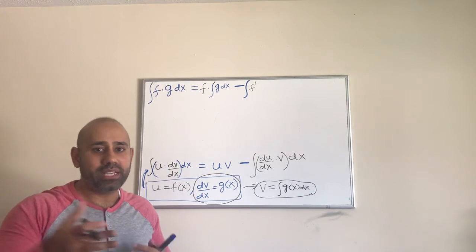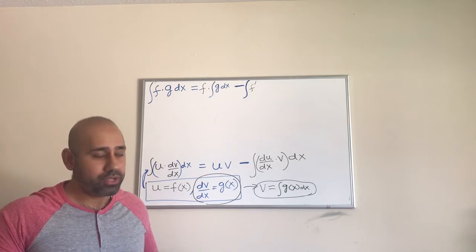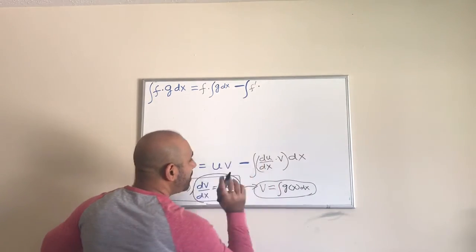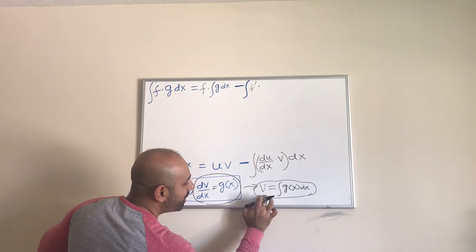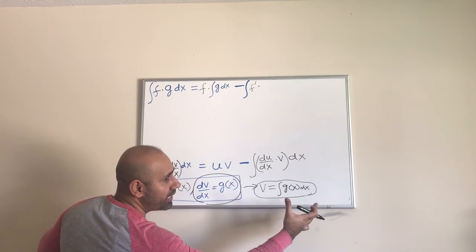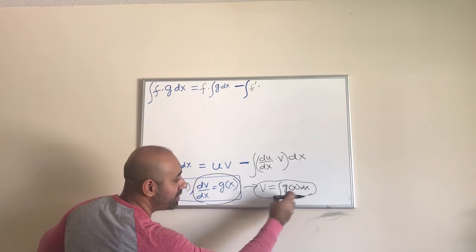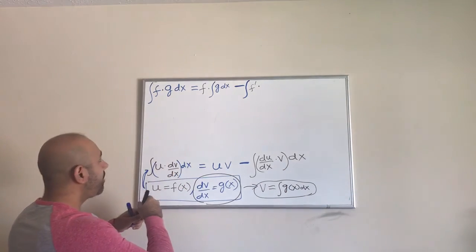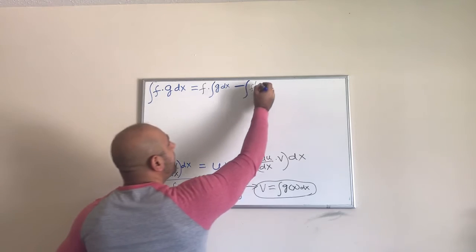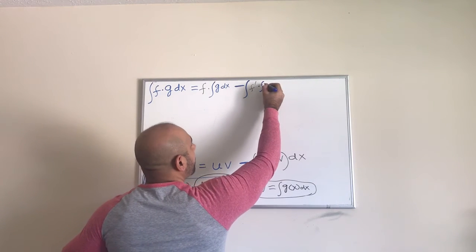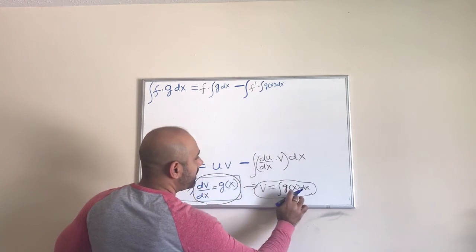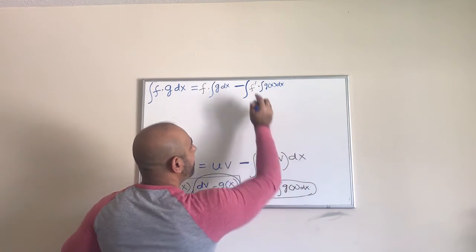We know primes and d over dx both represent derivatives. Guys, that takes care of this piece. Again, it has to be multiplied by v, but we already know that v, in terms of function g, is the integral of g of x dx. So I have to replace that v by the integral of g of x dx, right? And then don't forget there's a dx all the way at the end.